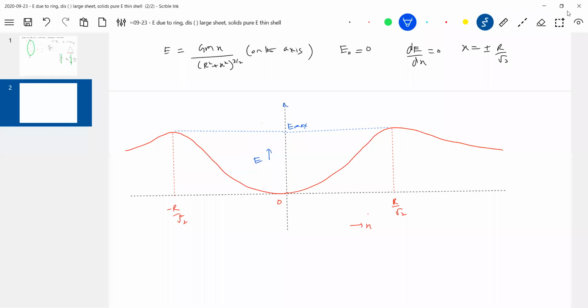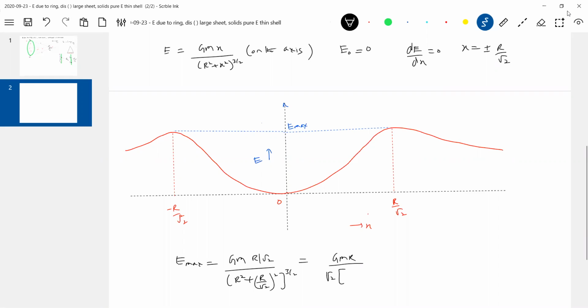Okay, I get this. So how to get that maximum value in this given equation? Substitute x equal to r by root 2. Okay, let me do that. So the Emax will be equal to GM r by root 2 over the bracket. One r cube will come outside here.